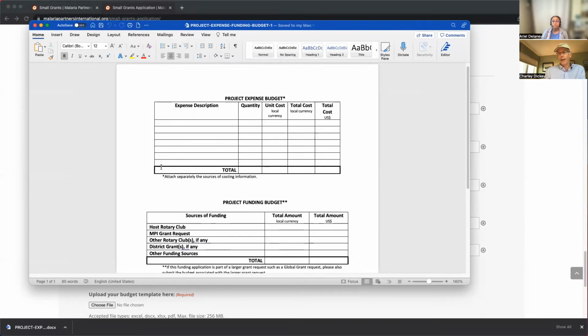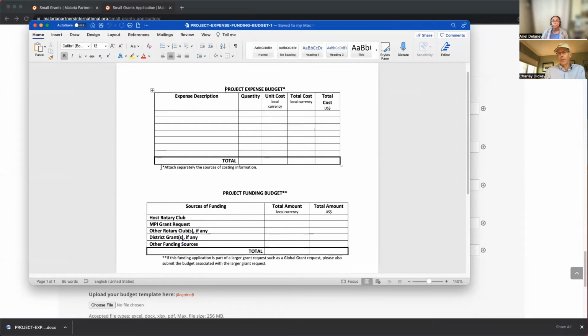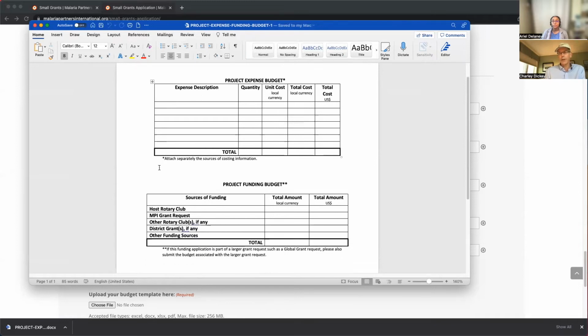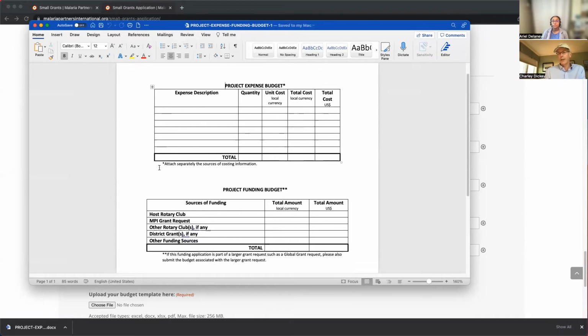And so how that is done is very important to us and gets a good look. In addition to that, not only how the money is going to be expended, how the money is going to be used, but we would like to know the sources of funds.